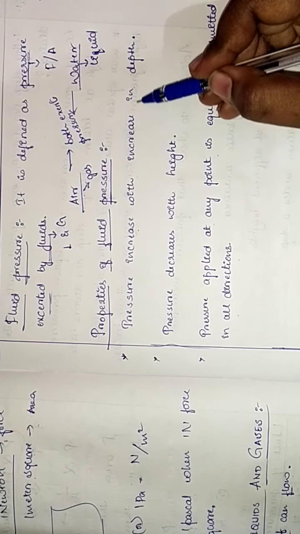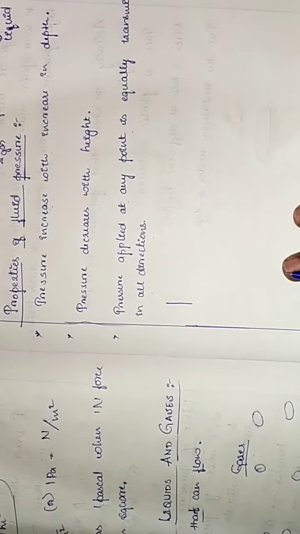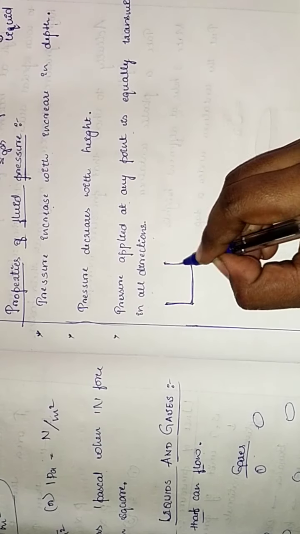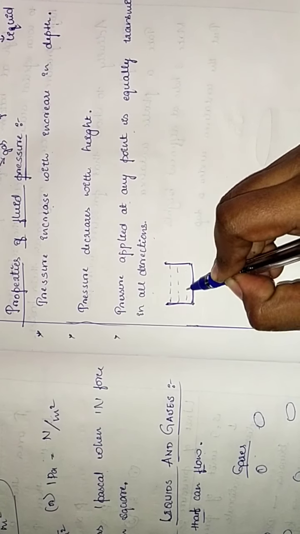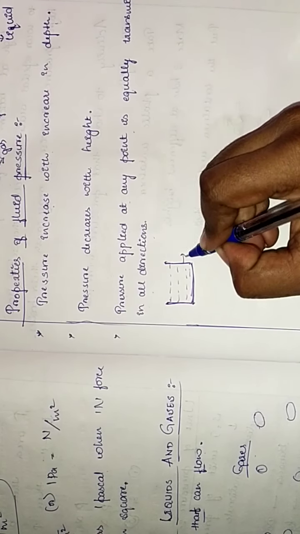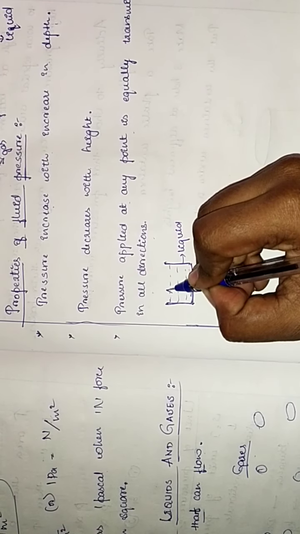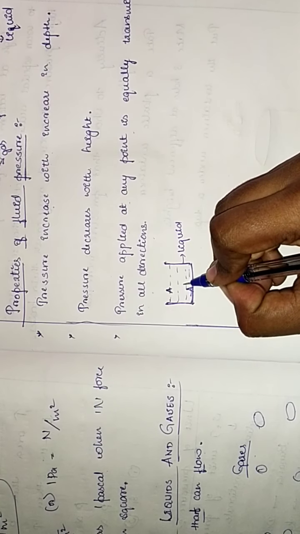Pressure increases with increase in depth. For example, let us take a container which contains liquid. Here on the surface, let's take it as A, and at the bottom we'll take it as A plus.